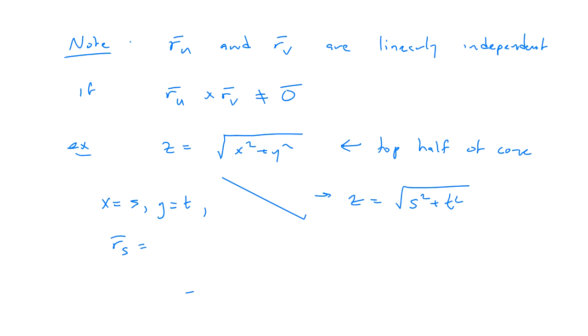So the derivative of this vector with respect to s is the derivative of x, which is 1, the derivative of y, which is 0, and the derivative of z, which is 1/2 times s squared plus t squared to the negative 1/2 times, in this case, 2s. So the 2's will cancel, and I'll get this.